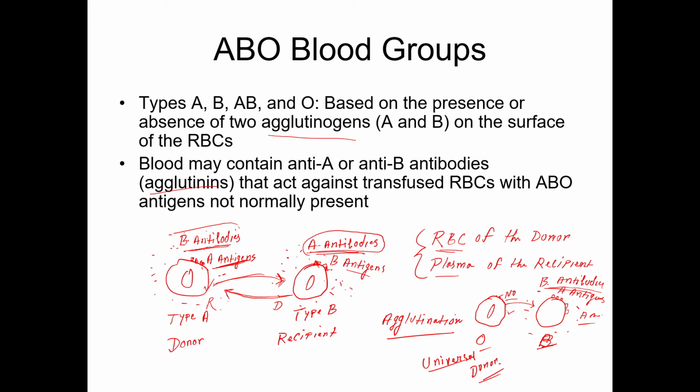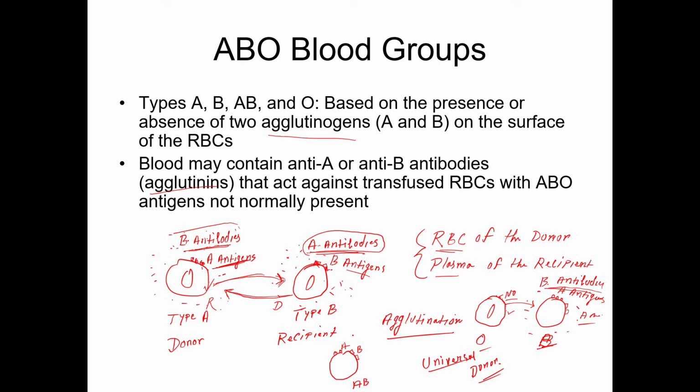The last thing, AB. AB is universal recipient. Why? You see, this is AB. That means this red blood cell surface, you have both A and B. So A and B antigen, right?